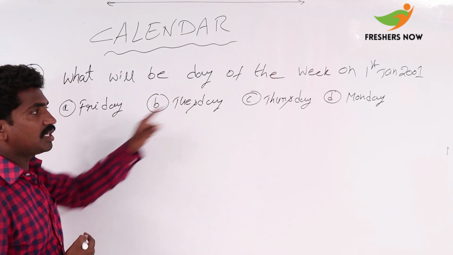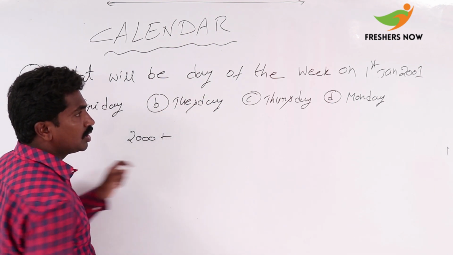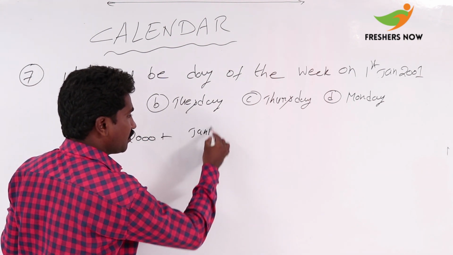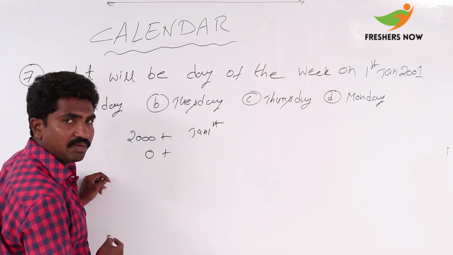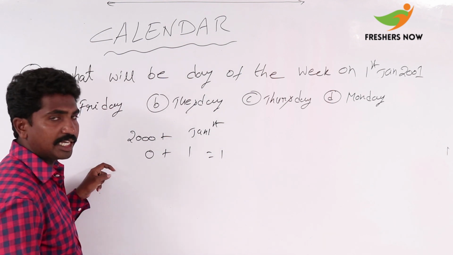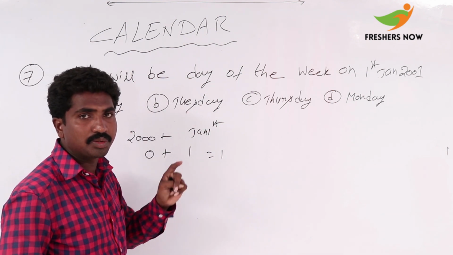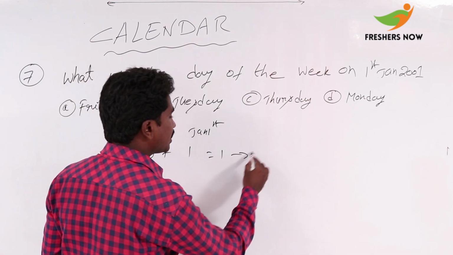The nearest leap century is 2000, and 2001 is asked. For the leap century, 0 odd days. For January 1st, only 1 odd day. While finding the calendar, 1 odd day is Monday, 2 is Tuesday, 3 is Wednesday. Here only 1 odd day is there, so that is Monday.